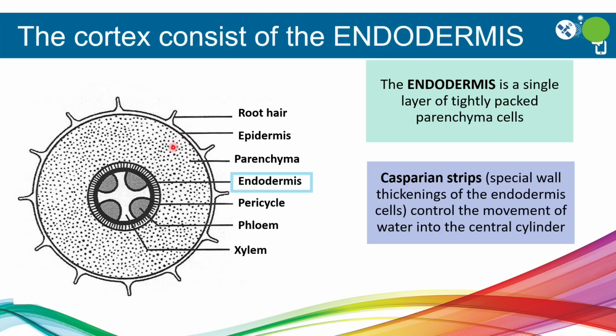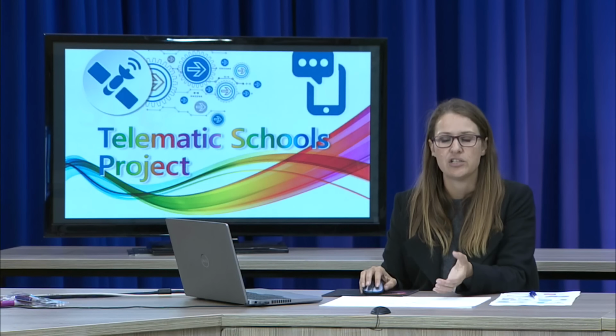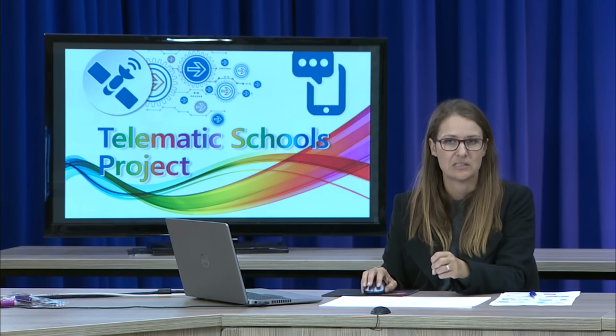Normally what we find is that water can take three pathways. It can move straight through the cytoplasm of a cell, or it can go vacuole to vacuole to vacuole, or it can go between the cell wall and cell membrane. Now that Casparian strip will redirect the water so that it enters into the cytoplasm before it can actually reach the vascular tissue, which is in the middle.